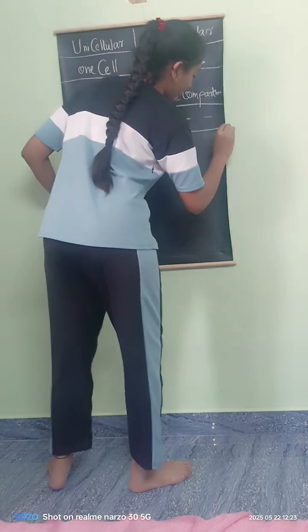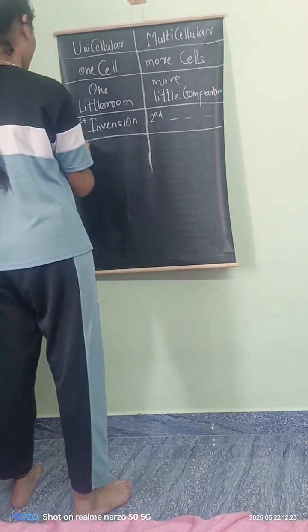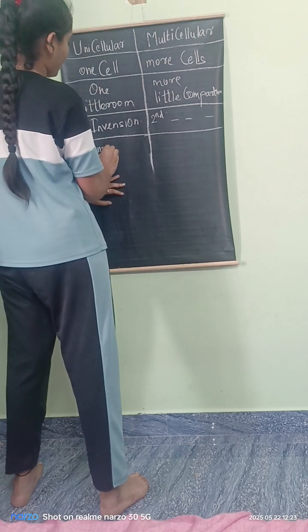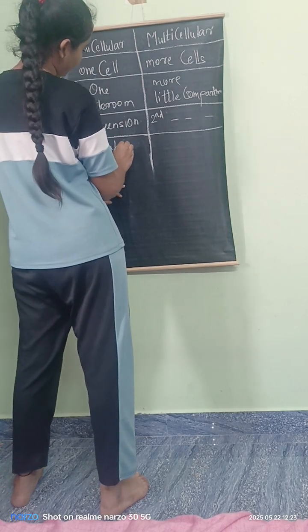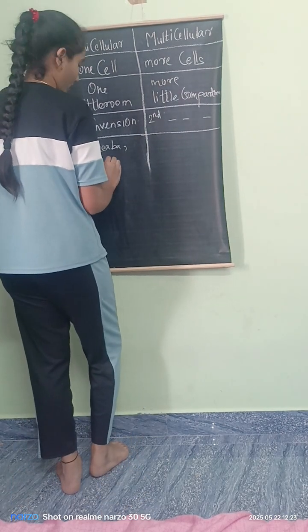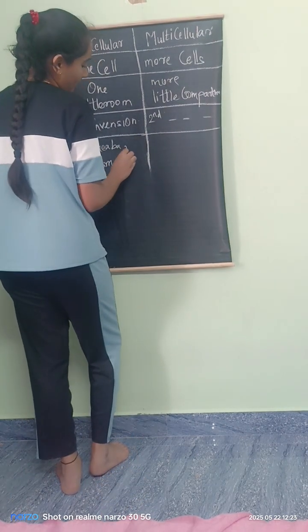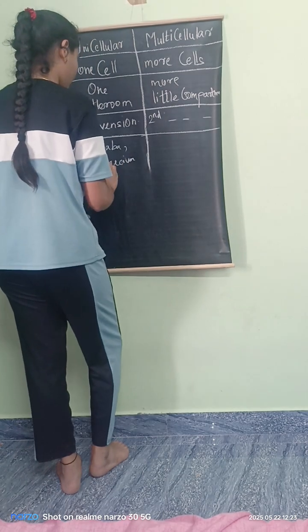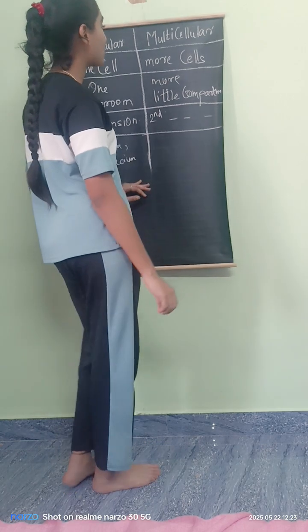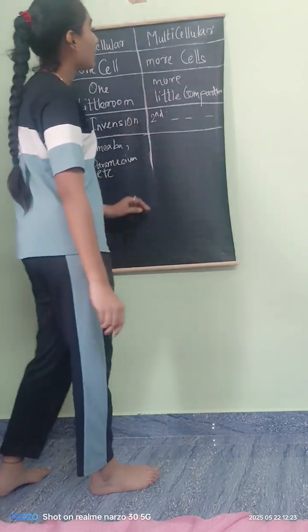Next, the third difference is examples. Unicellular examples might be amoeba, paramecium, etc., including a few exceptional cases of bacteria, but those are not included here.